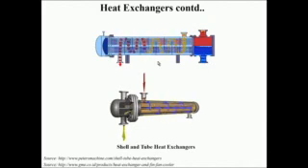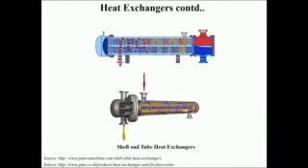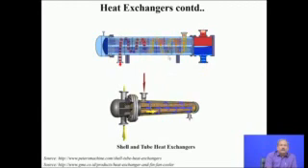This is another animation of the heat exchanger. As you can see, the cold fluid is denoted by the blue and the hot fluid by the red, and the temperature of the blue slowly turns and goes towards the red. That is another example of how the cold fluid is getting heated while exchanging heat with the hot fluid.